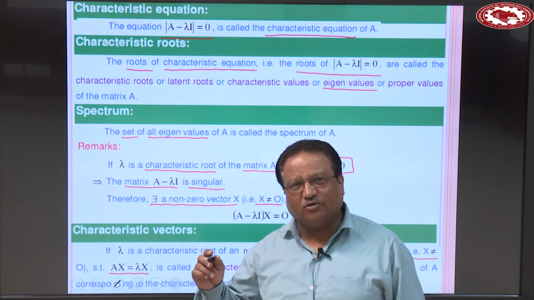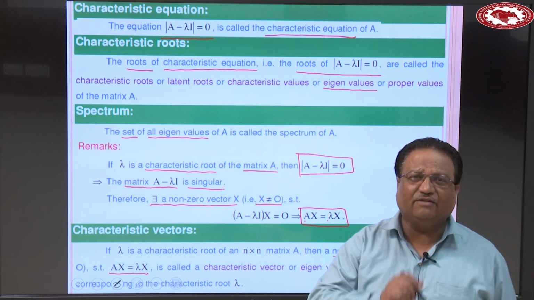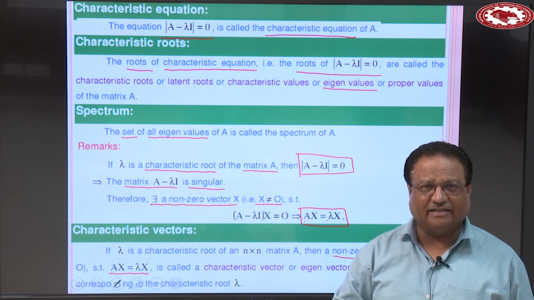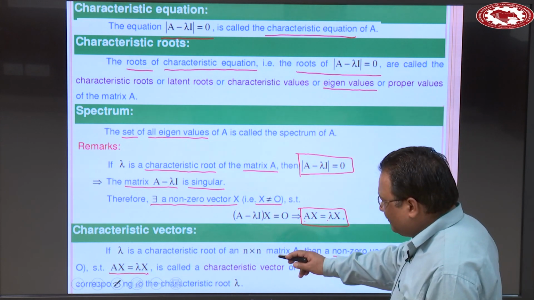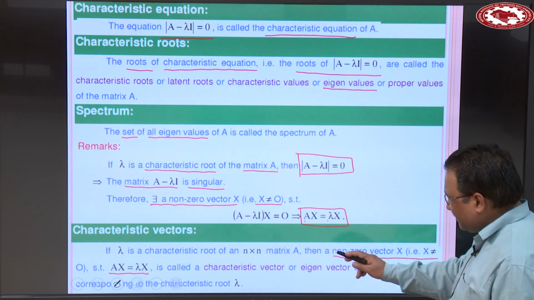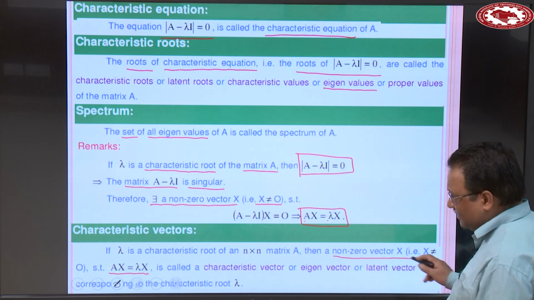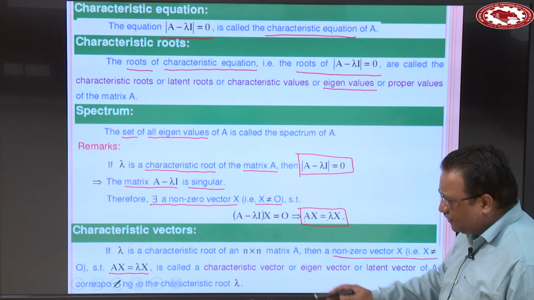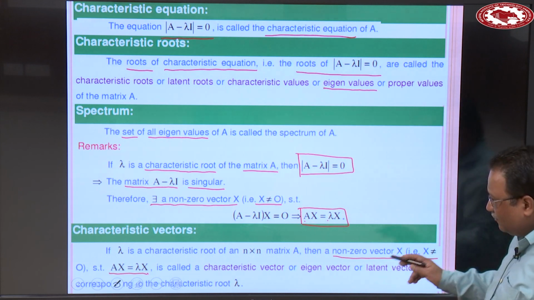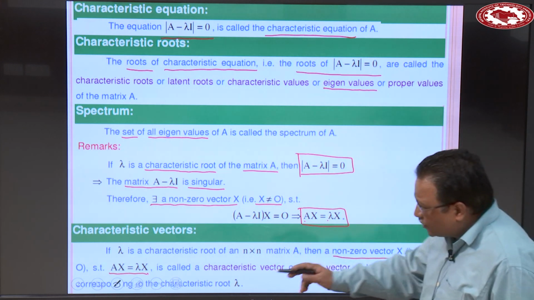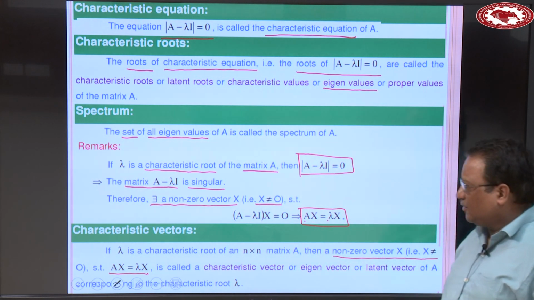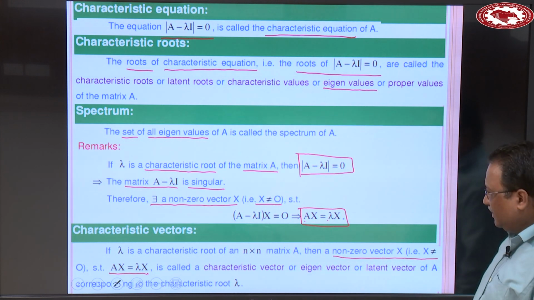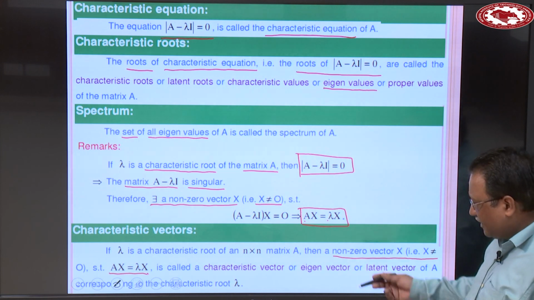Similarly, corresponding to lambda 3, we have another eigenvector, known as capital X3. So, capital X is the eigenvector corresponding to the eigenvalue lambda.